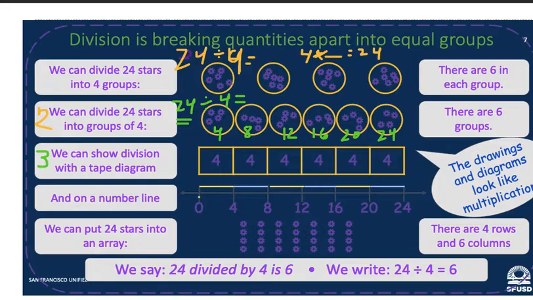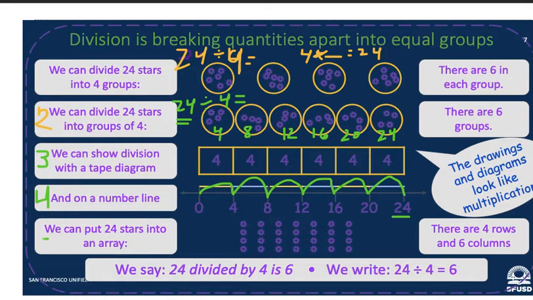Another strategy is a number line where they start from 0 and skip count by a certain number. In this example, they are skip counting by 4, so 0, and then you go to 4, 8, 12, 16, 20, 24. They're skip counting by 4s up until they get to the total, which is 24, and they jump 6 times.